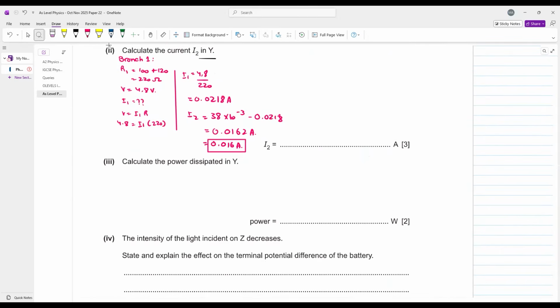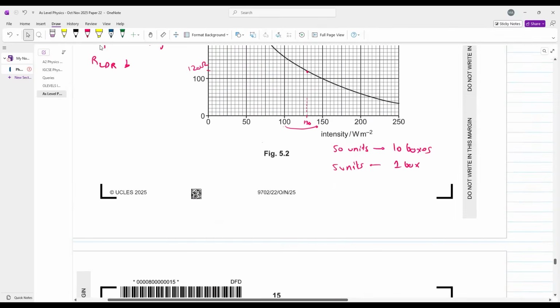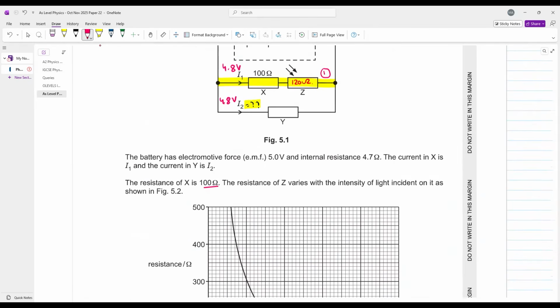You have to calculate the power dissipated in Y. If you realize, how much current is going in Y right now? The current in Y is 0.016 ampere. The voltage in Y is 4.8 volts. Can you calculate the power in Y? P equals IV. Current is 0.016.